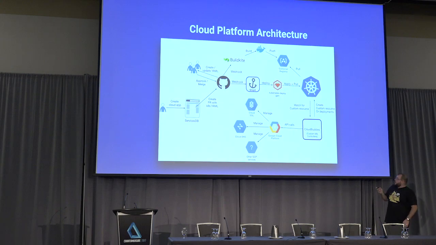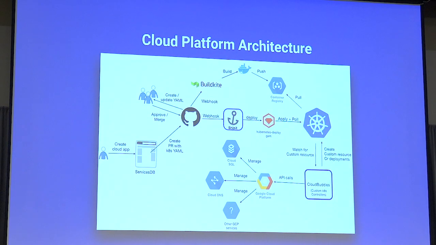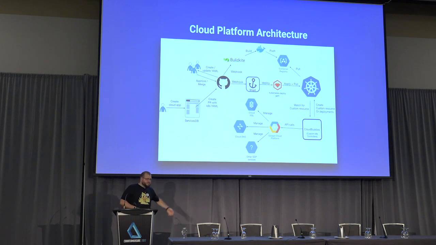So here's an idea of the cloud platform at Shopify. We have a service which you interact with called services.db, where you say, here's my repo, and this contains all of my source code for my given service. And we say, click next, next, next. You get an automated pull request into your repository that says, hey, you want to join the cloud. Here are your Kubernetes manifests that allow you to run your workloads on our servers, which is awesome.